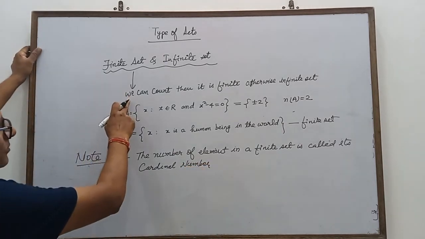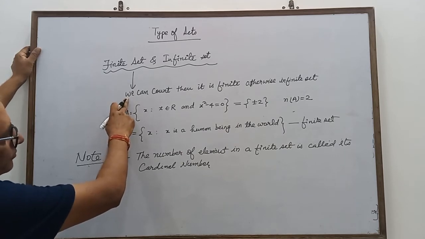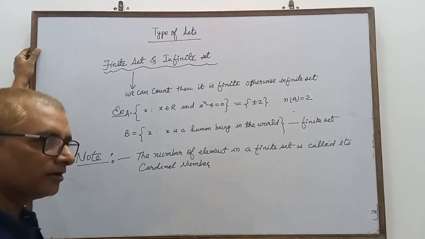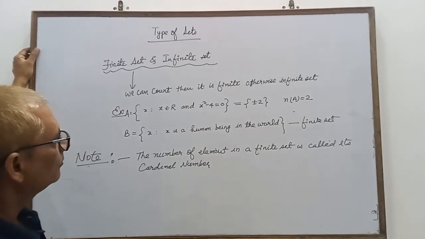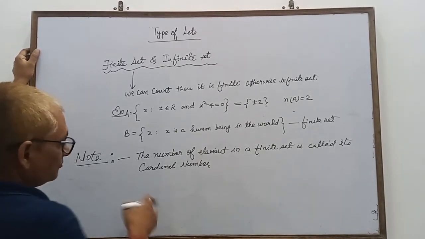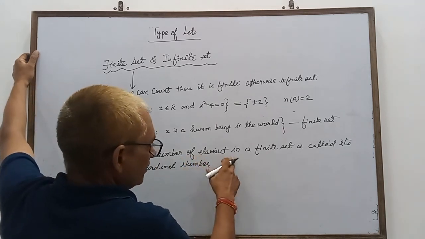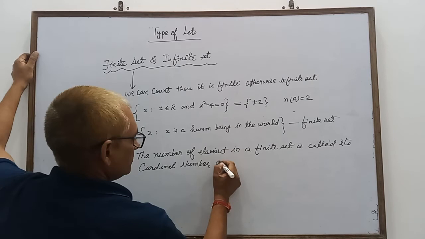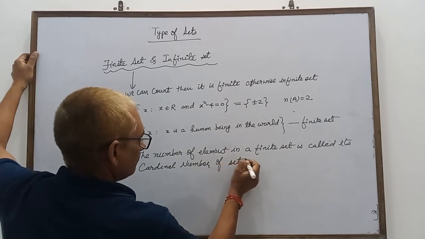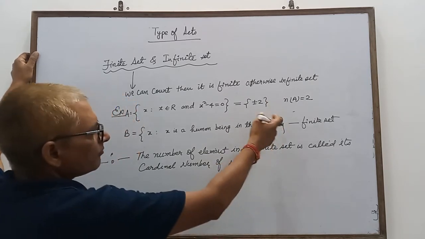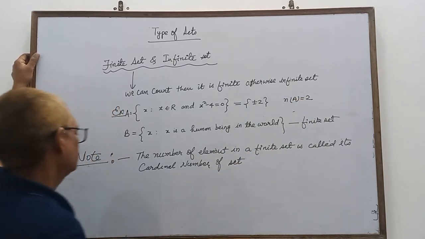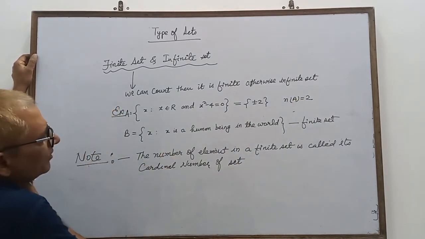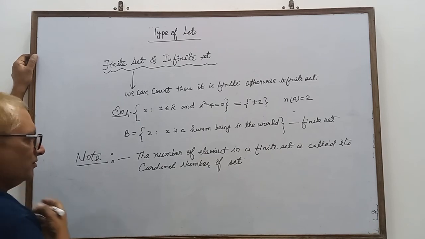A finite set means a set whose elements can be counted. It may be empty or non-empty, both. The number of elements in a finite set is called the cardinal number of the set. So here the cardinal number of this set is 2. We can take many examples of finite sets.